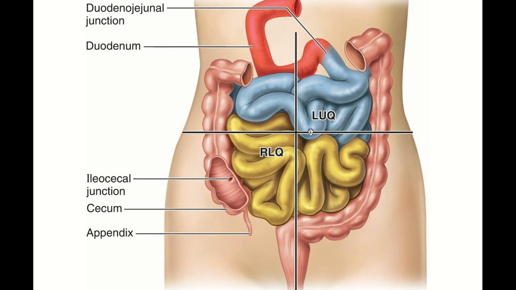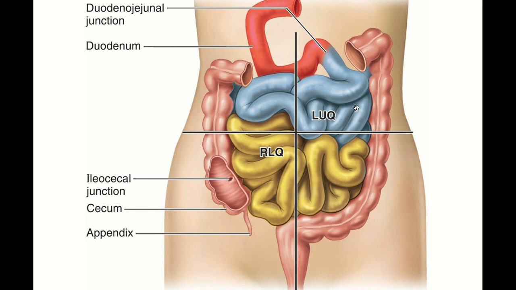There is no clear demarcation between the jejunum and the ileum, but this is how you can find them or differentiate them gross anatomically. So the jejunum loops are positioned in the left upper quadrant.